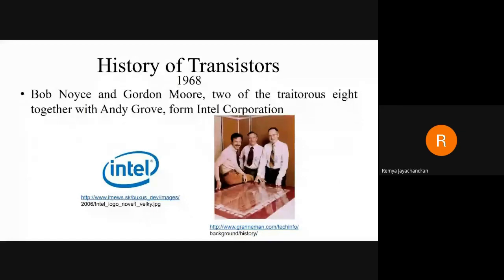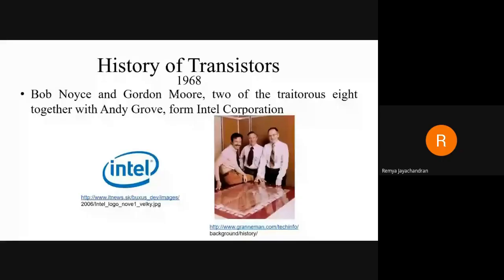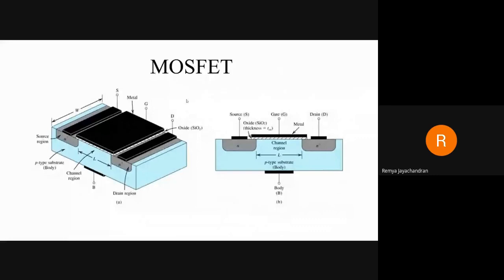Industries, that is Intel, Fairchild, Texas Instruments, were actually competing with each other to develop the MOSFET, which led to including all the functionalities in a single chip. So this is the 3-dimensional view of the MOSFET structure, and this is a cross-sectional view of the MOSFET structure.